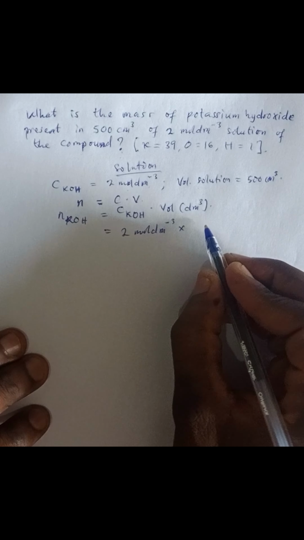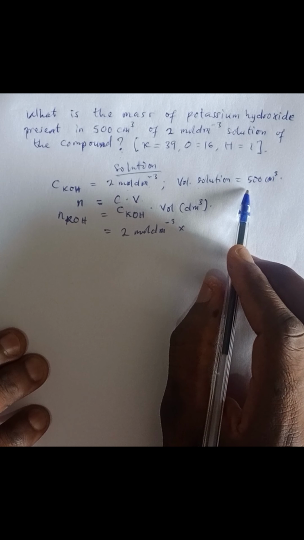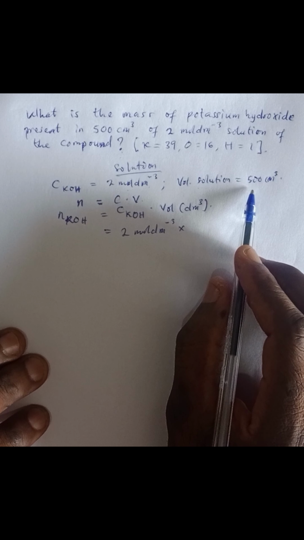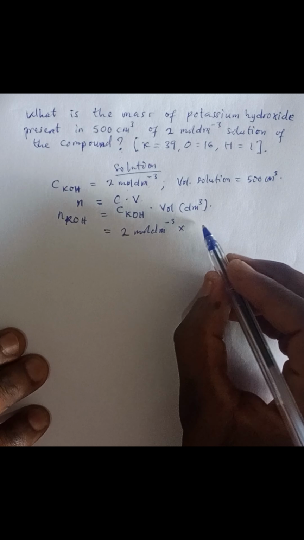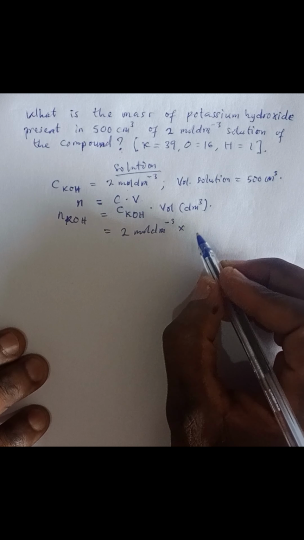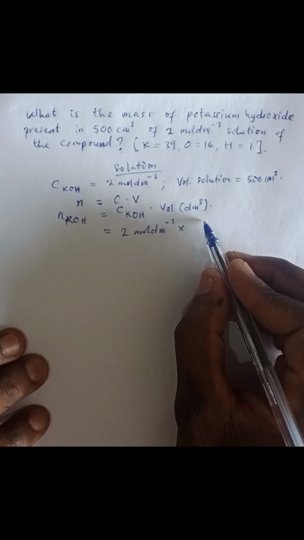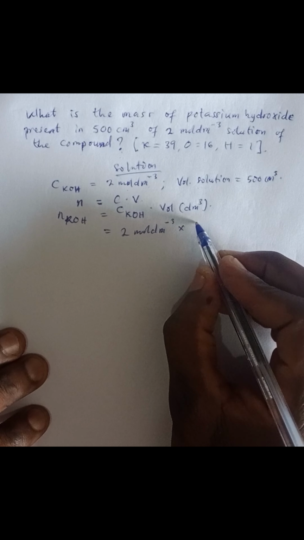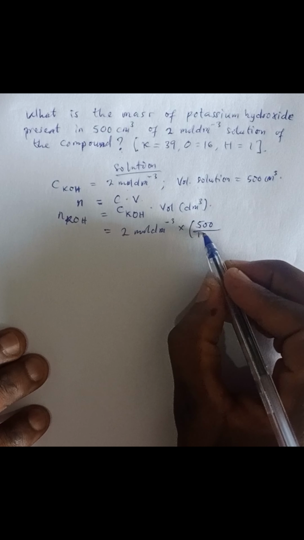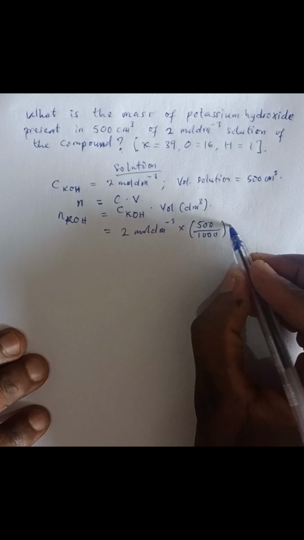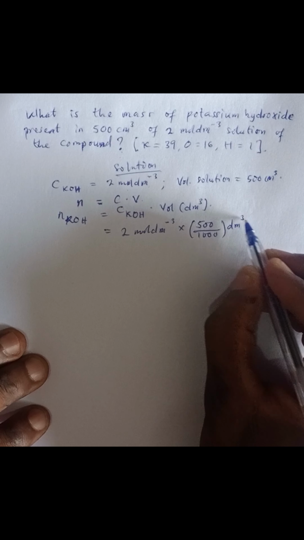Multiplied by the volume. The volume here is given as 500 cm³. To convert that to dm³, we simply divide it by 1000, because 1000 cm³ is equivalent to 1 decimeter cube. So here will be 500 divided by 1000 in decimeter cube.